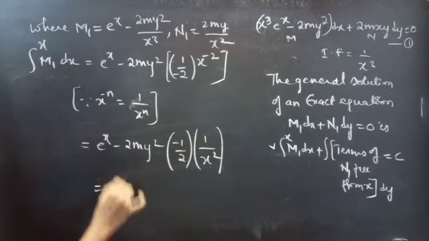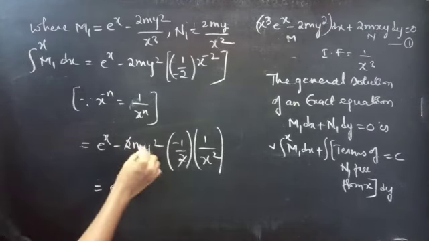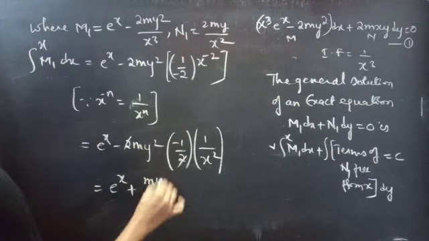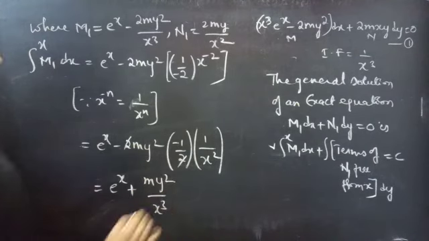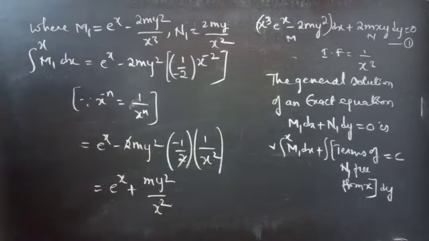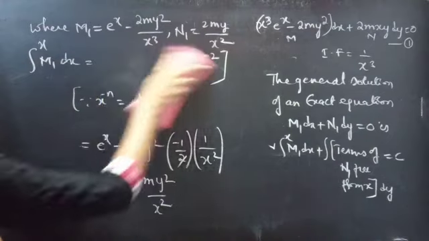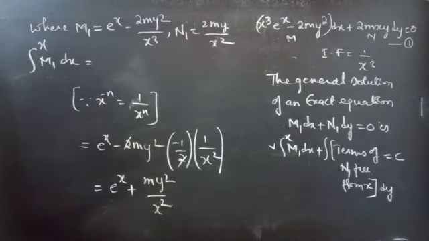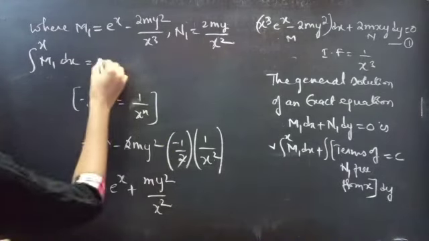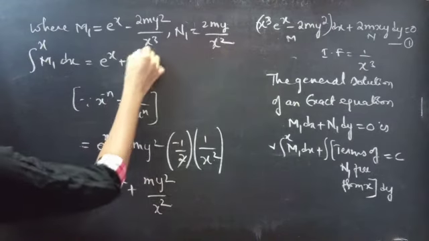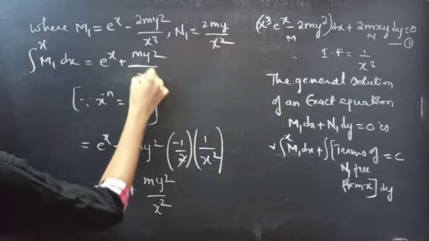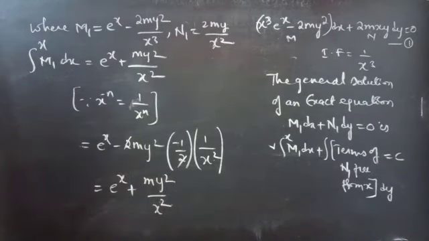This equals e power x, minus into minus plus, 2 gets cancelled and you'll get my square by x square. Sorry, not x cube, x square. Therefore, the integral over x of m1 dx is e power x plus my square by x square.